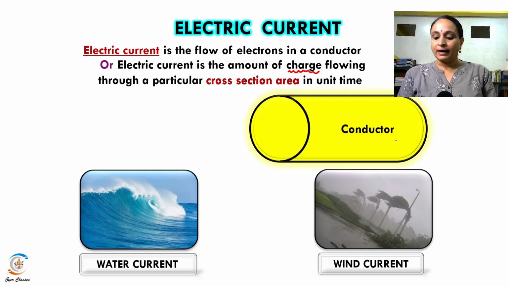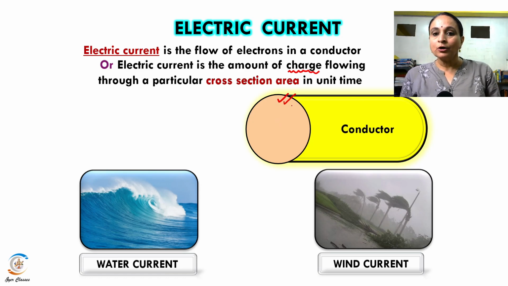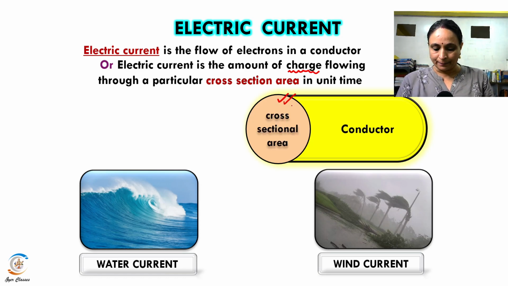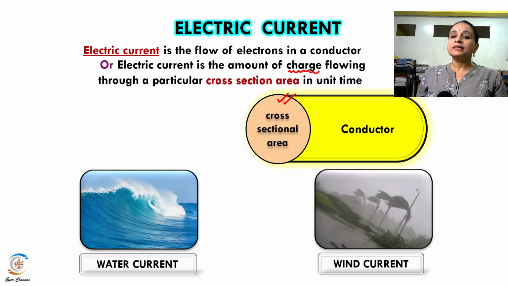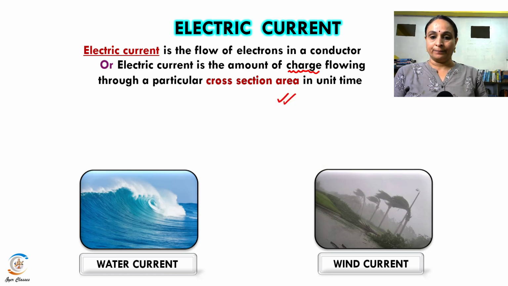Consider a conductor. Let it be a wire which has got a cylindrical shape, right? Now, you can see that this area is called the cross-sectional area, right? The current or the charges should flow through this cross-sectional area.